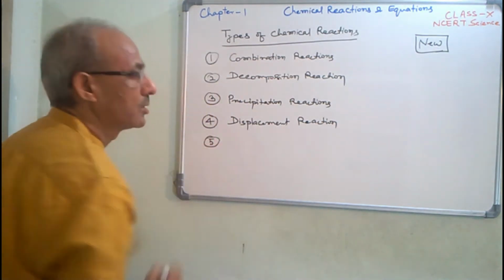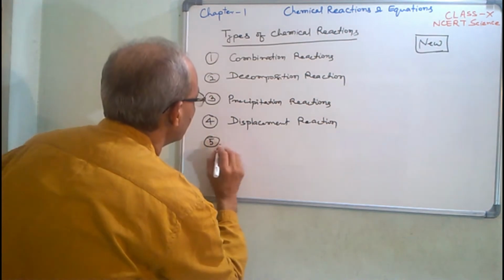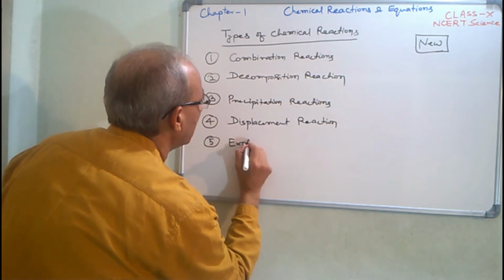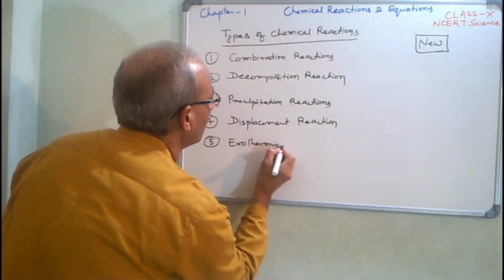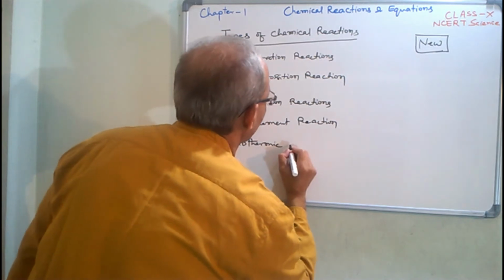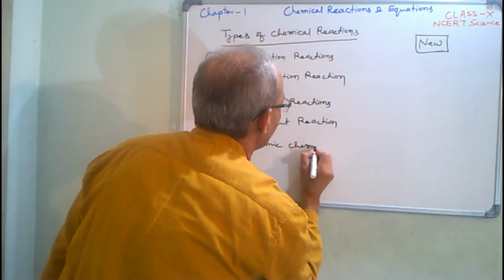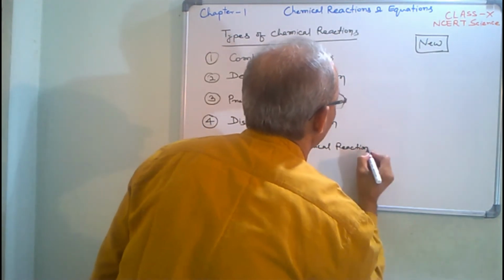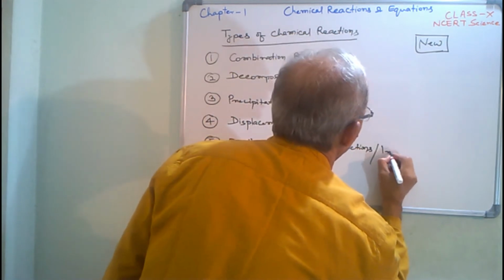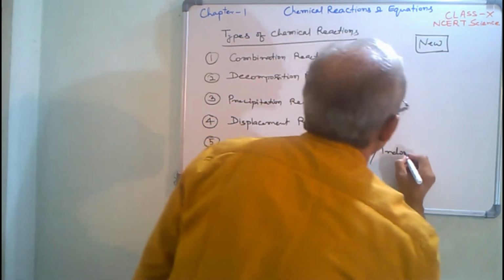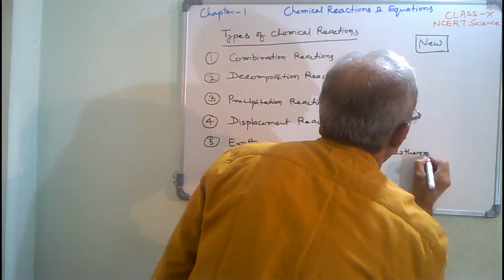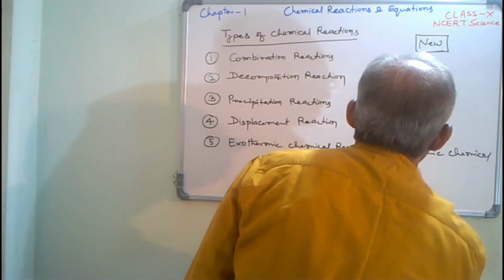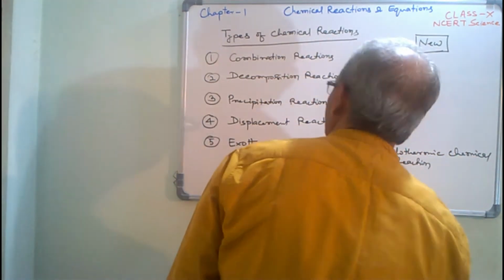In the fifth category, we will discuss exothermic chemical reactions and endothermic chemical reactions.